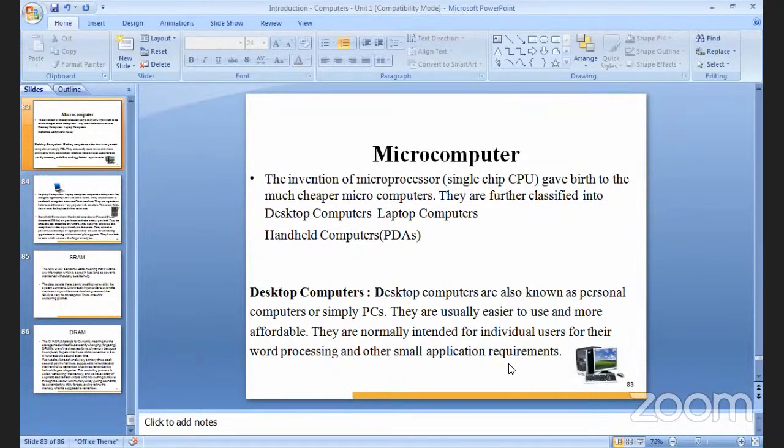They are usually easier to use and more affordable. They are normally intended for individual users for word processing and other small application requirements. Whatever the requirement for a personal purpose, we will use this type of microcomputer.